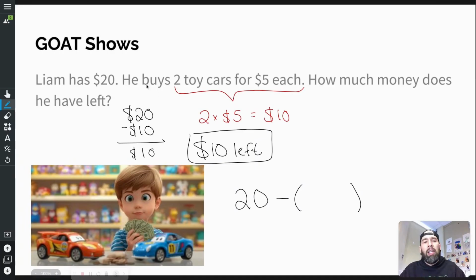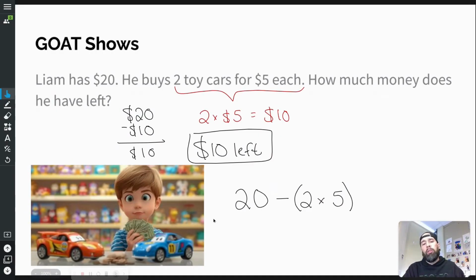So you're going to say he buys 2 times 5. And we know from PEMDAS that you would do the parentheses part first. So we did do the 2 times 5 first, and then we subtracted that from 20. So again, that's a way we could set it up, but all I really had to do was that.